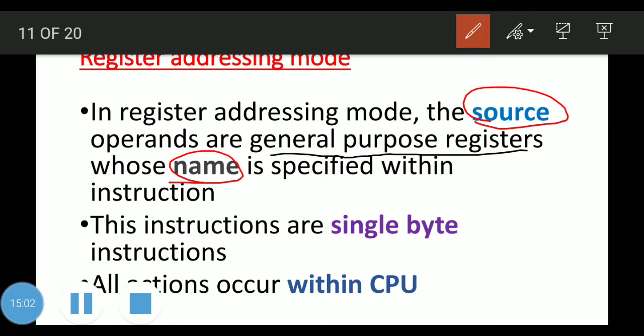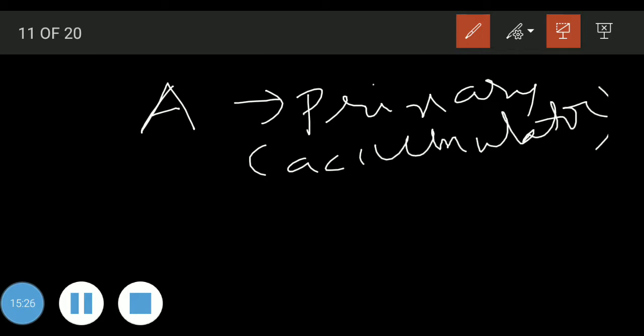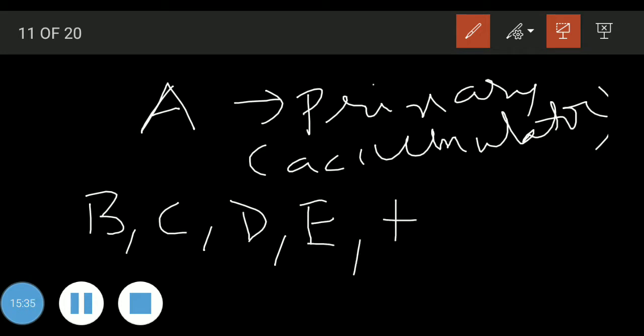There is register A. This is a primary register, and its name is the accumulator. Other registers we have are B, C, D, E, H and L. These are all general purpose registers. Please note it down.